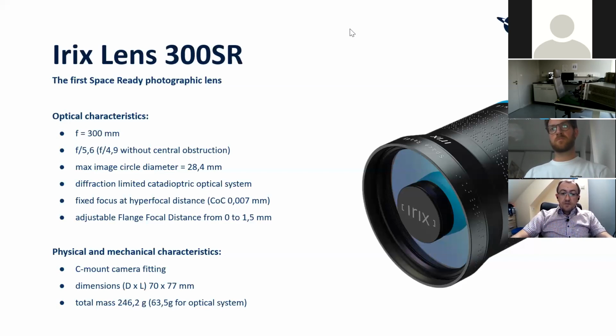What's more, the biggest problem when designing the lens was the simplicity of the satellite construction. We didn't have any possibility to change the focus after the assembling process, after the combination of the lens with the satellite.